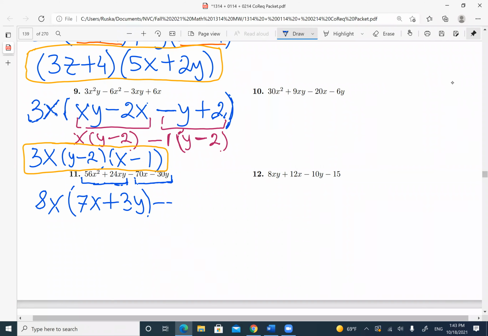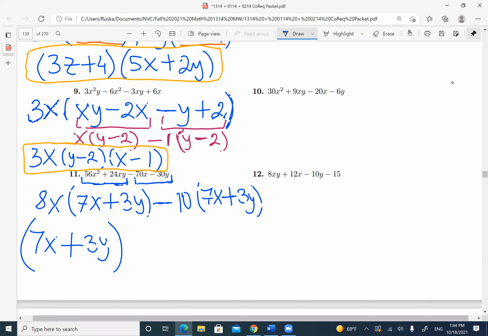We have negative, both of those are negative, so I'm gonna pull out the negative, and what is the common factor? Just 10. And inside you're gonna get the same, 7x plus 3y. And then that's the common factor, so pull out 7x plus 3y in front.